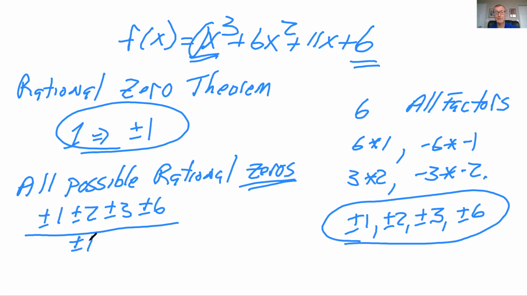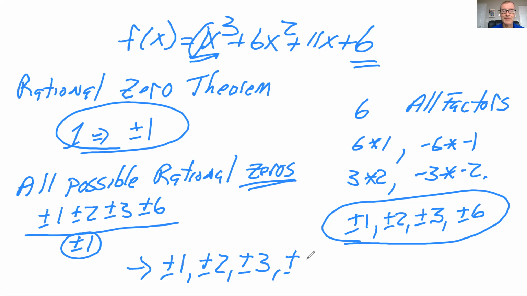And so you got to do a little matching up here, right? And so you could see plus or minus 1, when you divide anything into 1, you get the number back. And you could see that when you do the minuses, they'll flip-flop as well. So the possible rational zeros look like this.